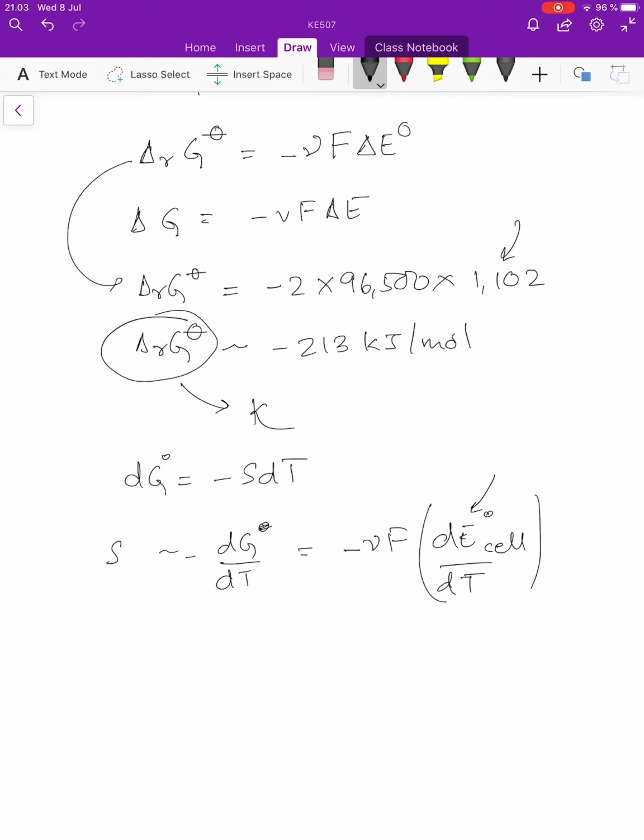So this will be a straight line, E versus temperature, and then you can obtain the entropy. Sorry, dS is missing here. And once you know the change in entropy and the change in Gibbs free energy, you can also calculate the standard reaction enthalpy. So standard cell potentials can be used to calculate thermodynamic variables like the standard Gibbs free energy, the reaction entropy, and the standard reaction enthalpy.